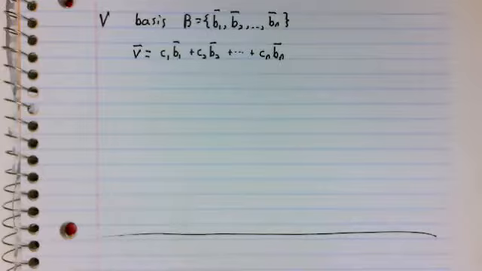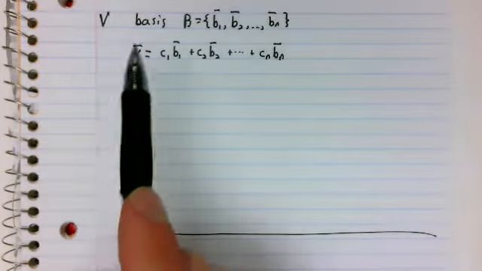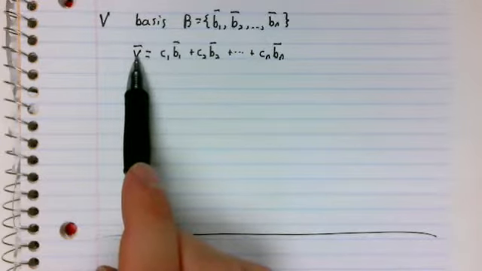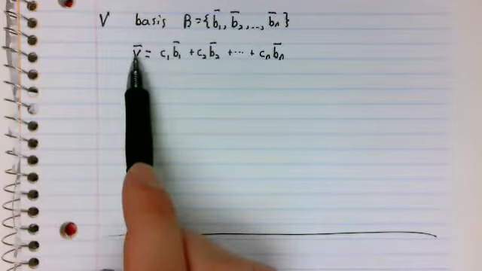So suppose I was to ask you to describe this vector V as compactly as you can.